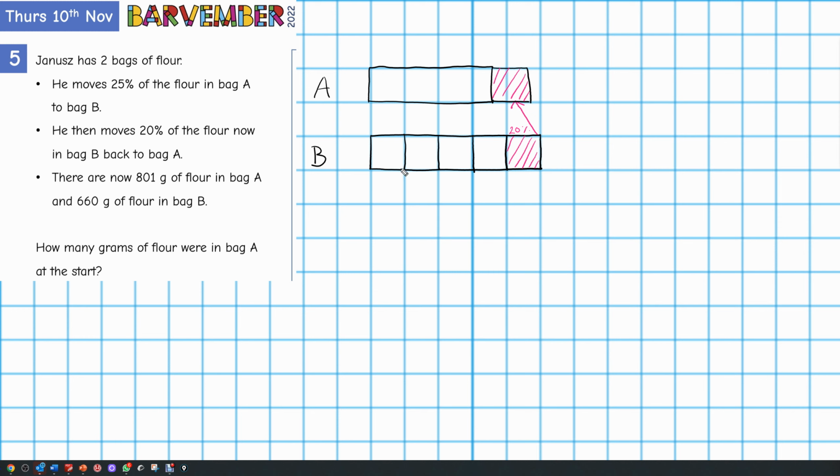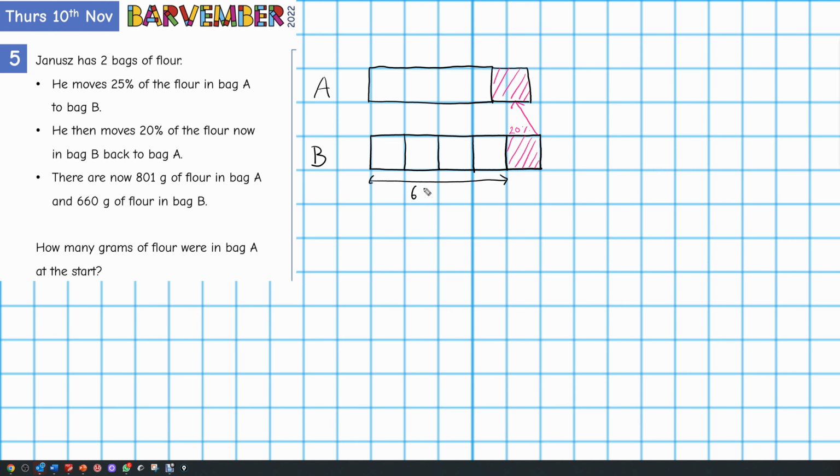Right, so we've got bar B and we have 1, 2, 3, 4 parts left. What we also know is that we have 660 grams of flour left, which is fantastic because we now have a value that we can attribute to some equal parts here.